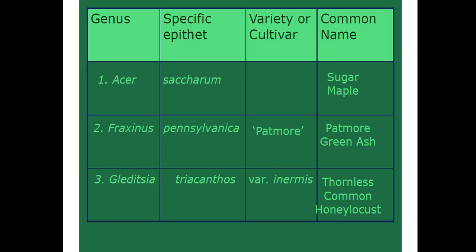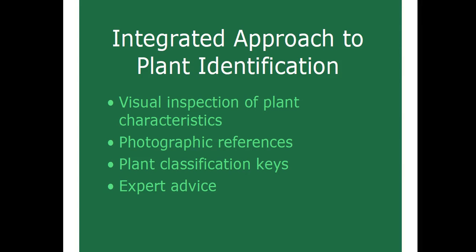Gleditsia triacanthos variety inermis is a common honey locust. However, typically honey locusts have thorns. This natural variety was found mutated in nature and has no thorns. And that later on became a cultivated variety and is often planted because of that thornless appearance.